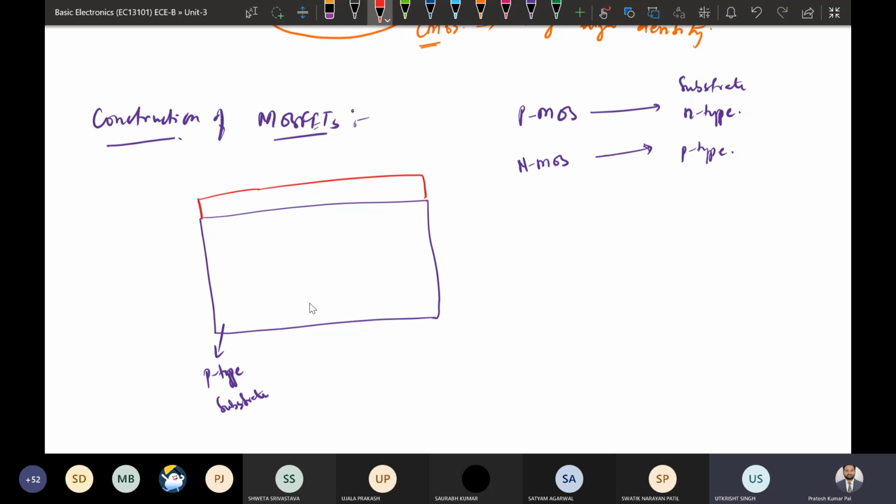Once we have deposited an oxide layer, we will have different steps called masking and lithography. I will not go into that in depth. We will just see how this device looks after fabrication. I think all the steps are not in your syllabus right now.